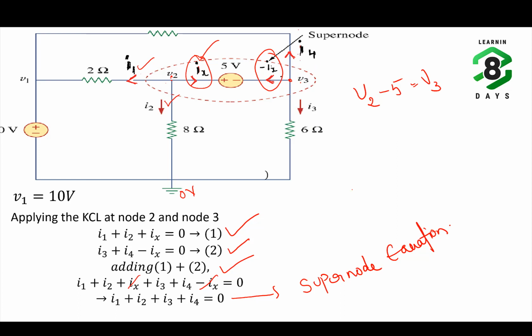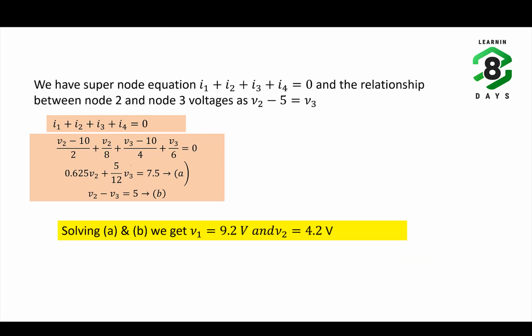By simplifying this, you are going to get 0.625 V2 plus 5 by 12 V3 equals 7.5. And the other relation is V2 minus V3 equals 5.